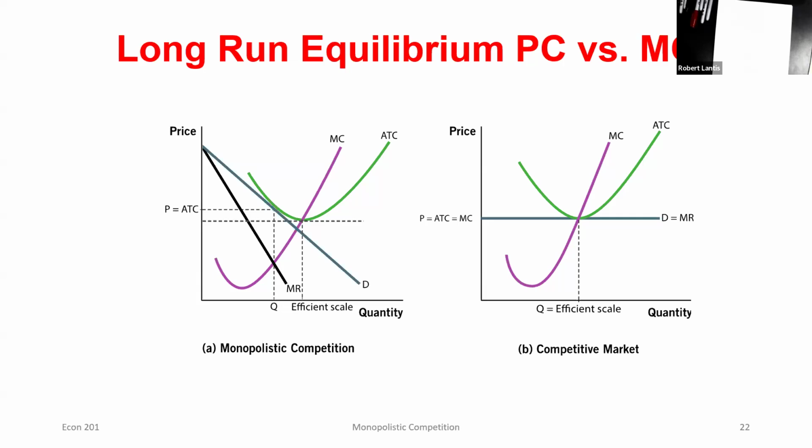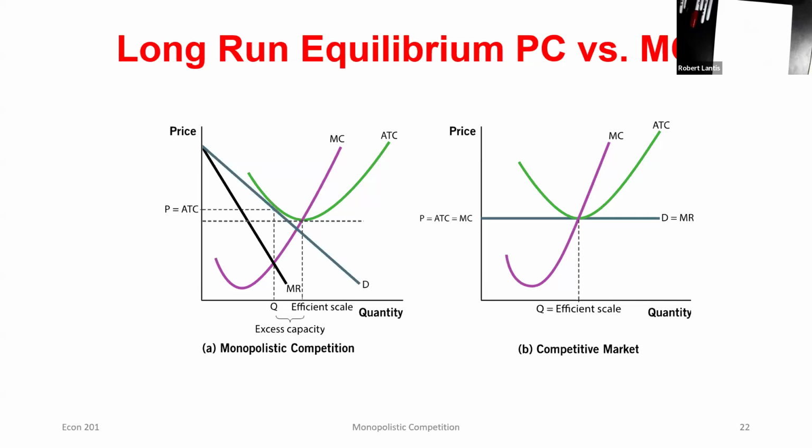So this difference between that efficient quantity that the perfectly competitive market will get to, relative to the monopolistically competitive firm, we're going to call excess capacity. So it's basically the number of units that we should be producing to get to that lowest per unit cost. But firms don't care about just costs, they care about profits. So the monopolistically competitive firm is actually maximizing profits. It's kind of weird, but profits are their highest in the long run when they are zero.